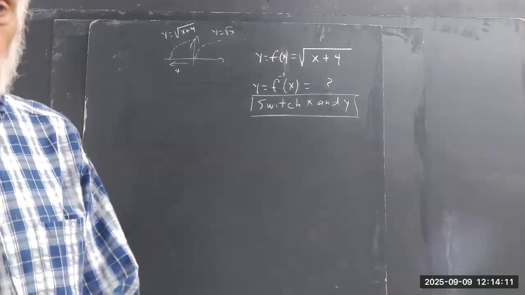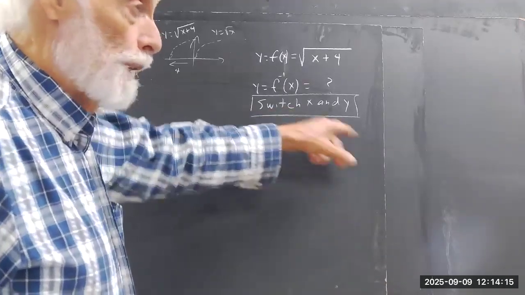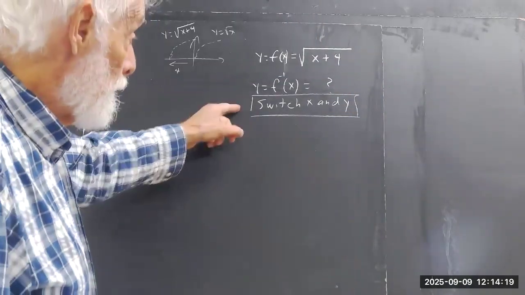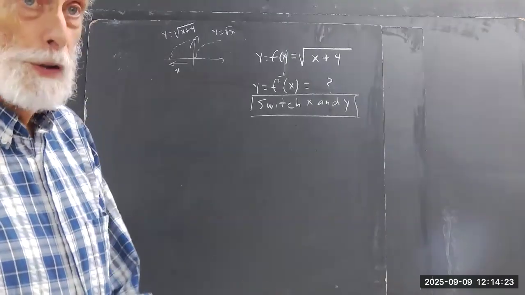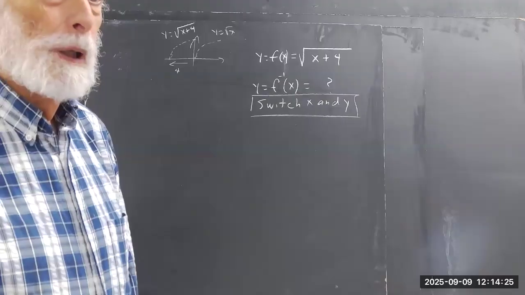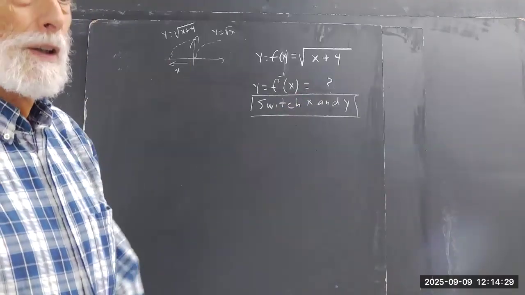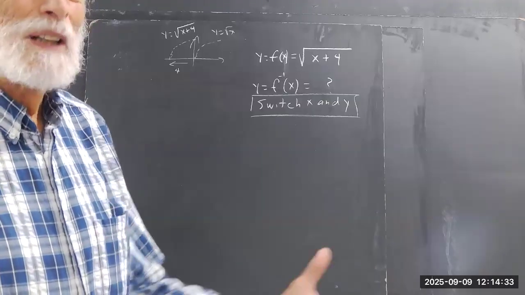And then if your algebra is okay, you can proceed. But if you don't remember to switch x and y, you're dead in the water. So keep writing this out on your homework. Switch x and y, switch x and y. Whatever number of problems you have in your homework, write it down at least that many times. And then maybe at the end of the problem, I just switched x and y. Whatever.